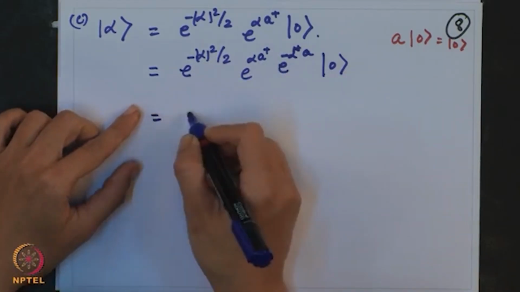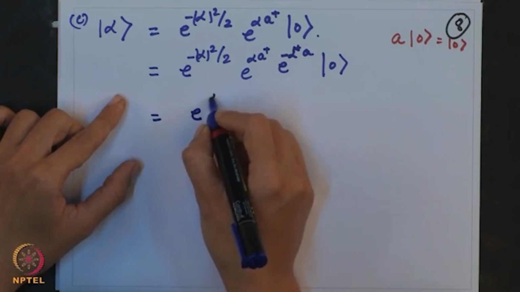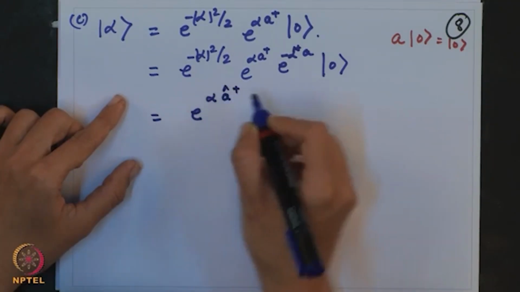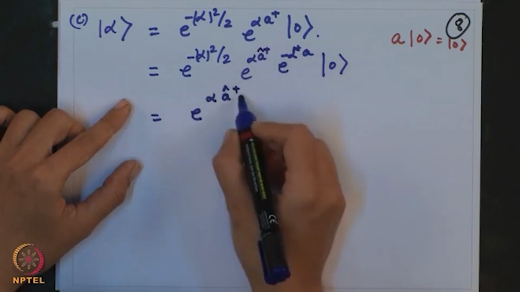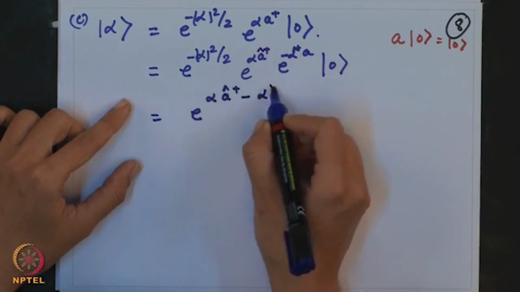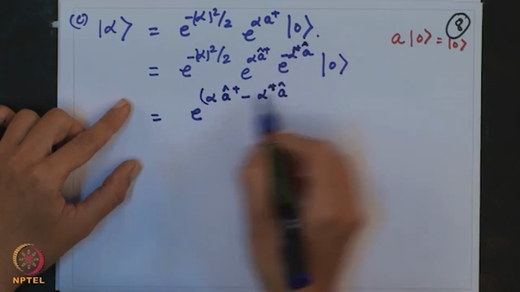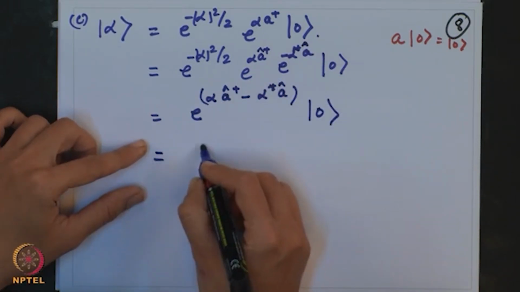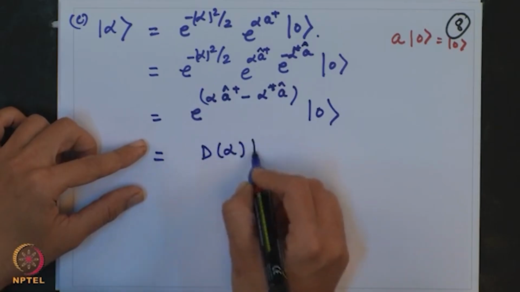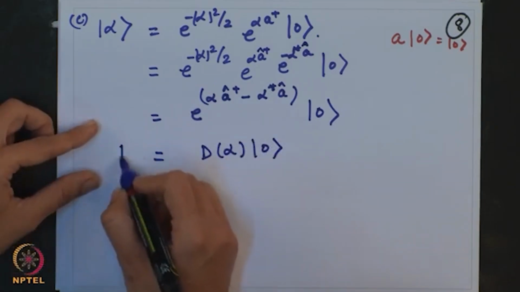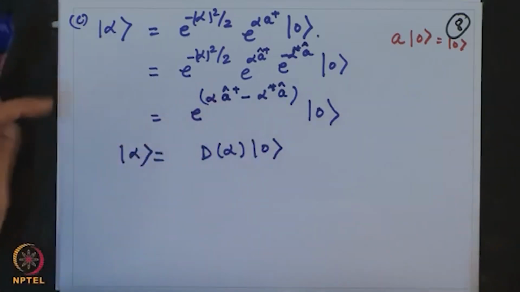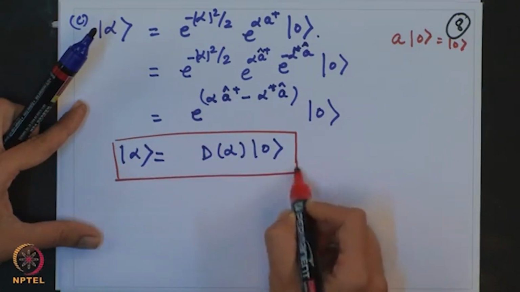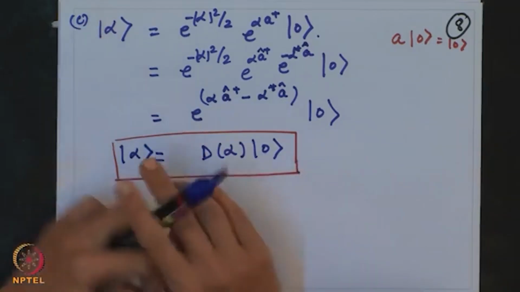So, I will just end up having e raised to alpha A dagger minus alpha star A on the state 0, and this is the definition of the displacement operator, and hence we can prove that the coherent state can be written in terms of the displacement operator.